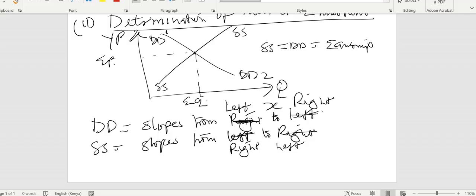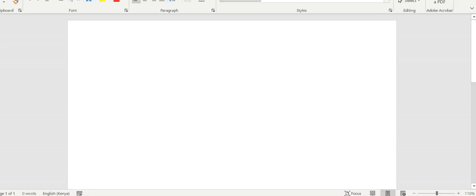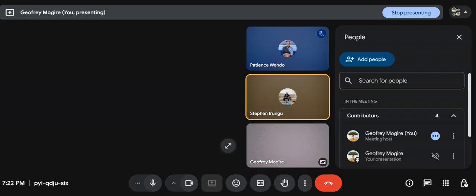That's what we want to do, because determination of market equilibrium is our main concern. Market equilibrium. So allow me to share something here.